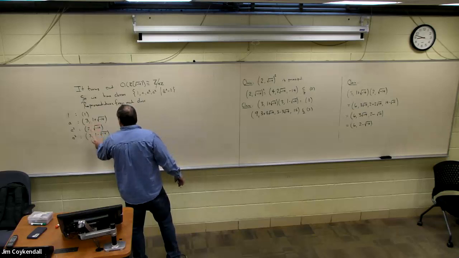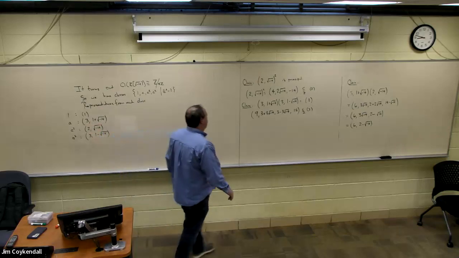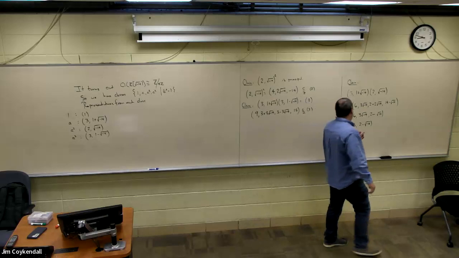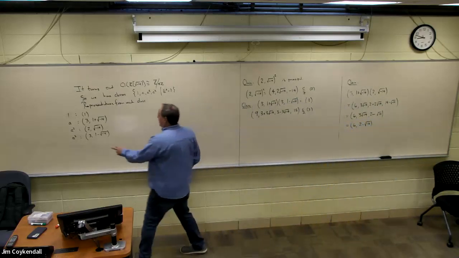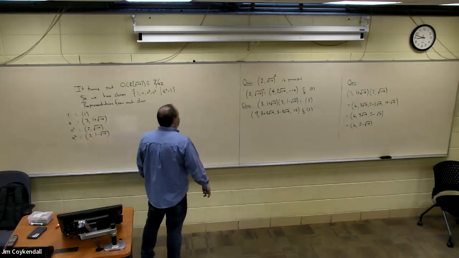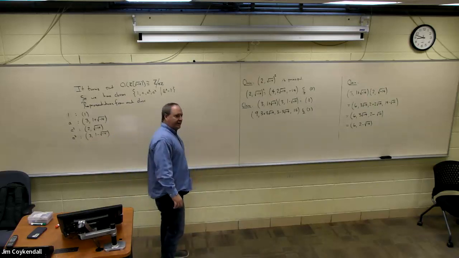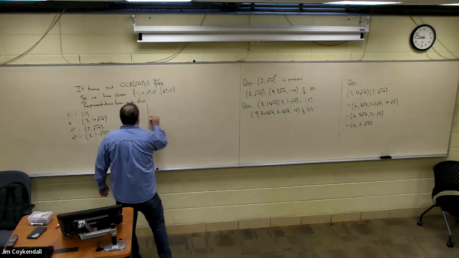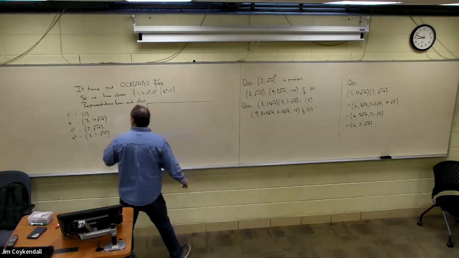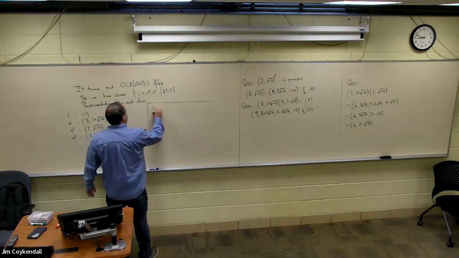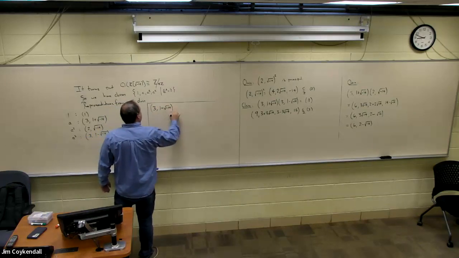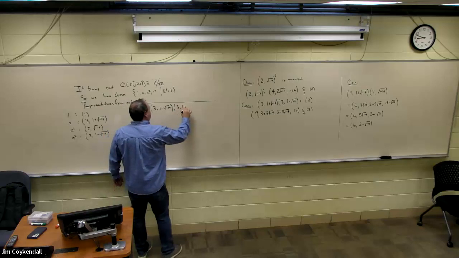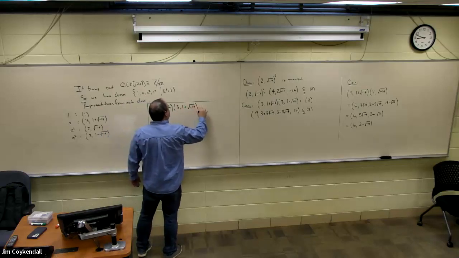Because if this computation is correct, then this must be this. Anybody know how to verify it? Notice 3, 1 radical negative 14 times 3, 1 plus radical negative 14.